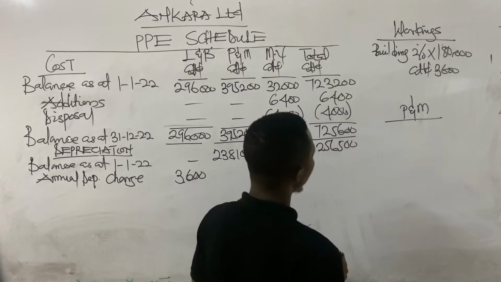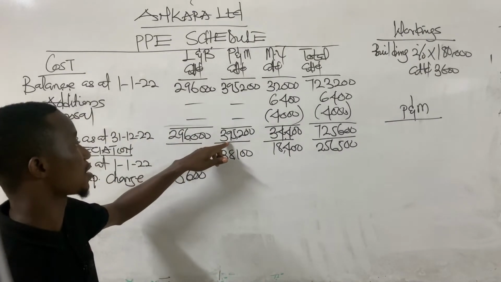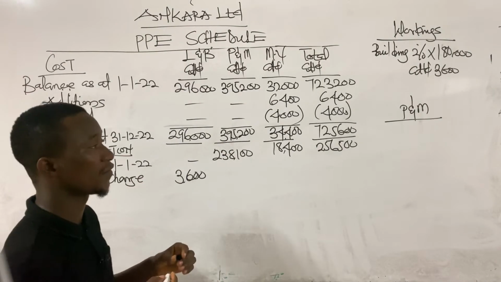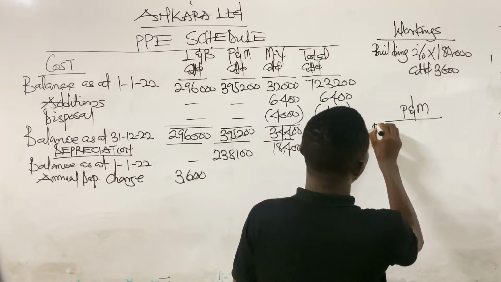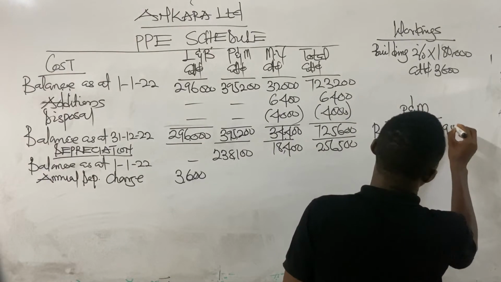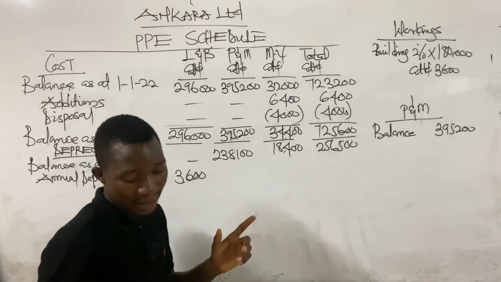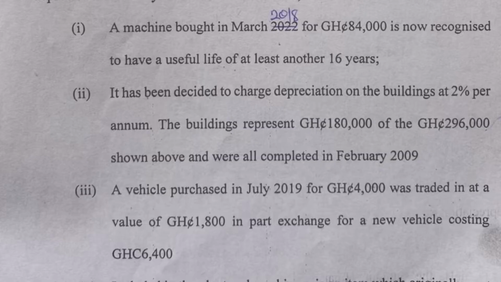Under plant and machinery, the cost of plant and machinery, the closing balance is 395,200. But remember that the first additional information says that the machine bought in March 2018 for 84,000 is now recognized to have a useful life of at least another 16 years.